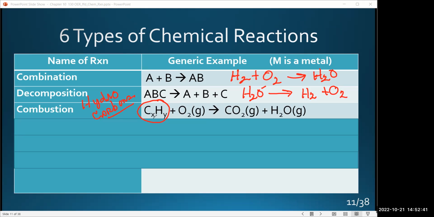Here we have a subscript X and subscript Y. The smallest number for X is 1, and the smallest number for H is 4. So the smallest hydrocarbon is methane gas, made up of nothing but carbon and hydrogen.